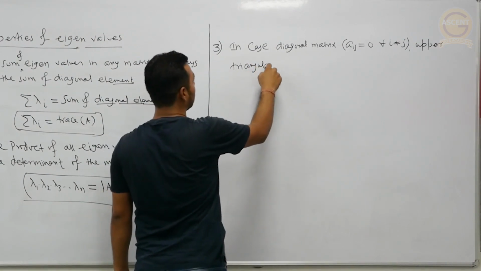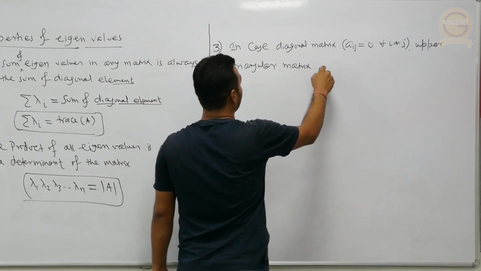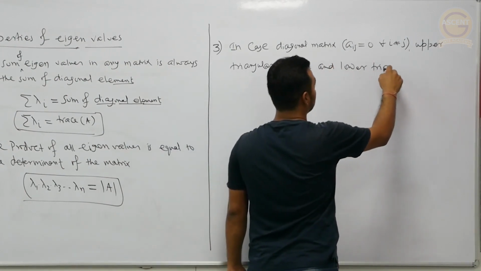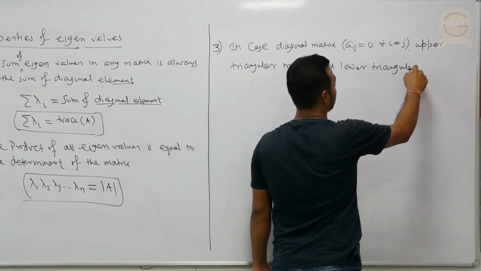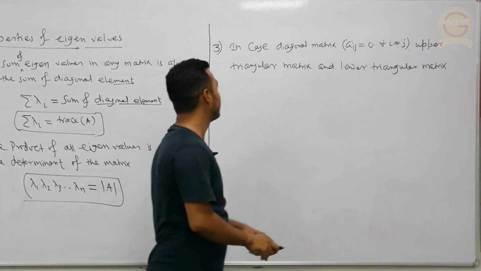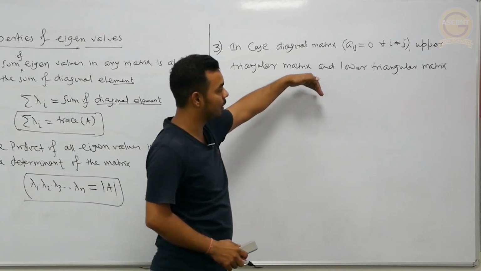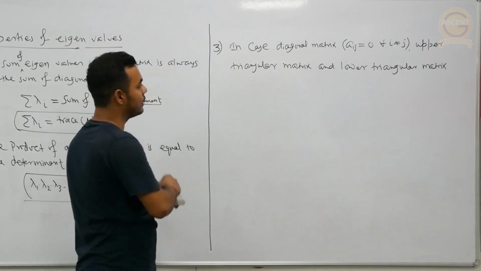So in case of a diagonal matrix, upper triangular matrix and lower triangular matrix, in these three matrices, these upper and lower triangular matrices are simply those matrices in which the elements either above the leading diagonal are 0 or below the leading diagonal are 0.